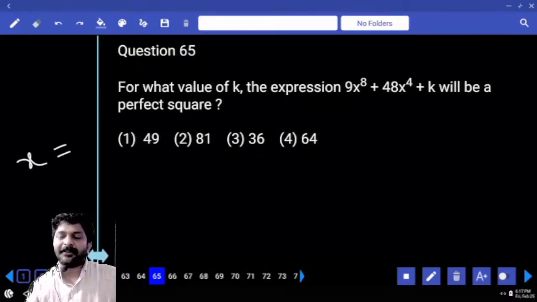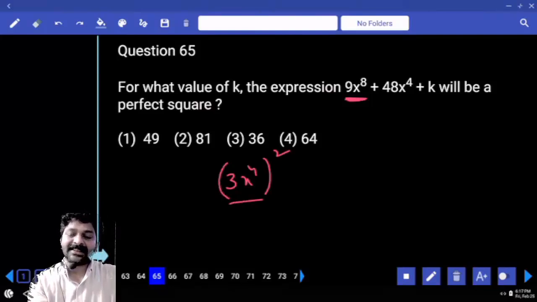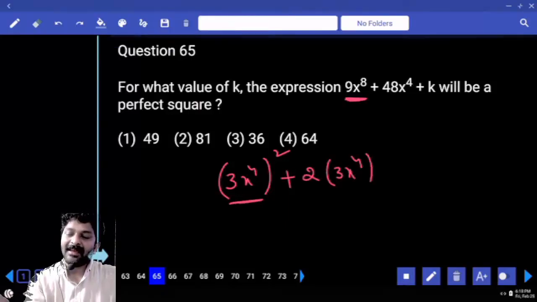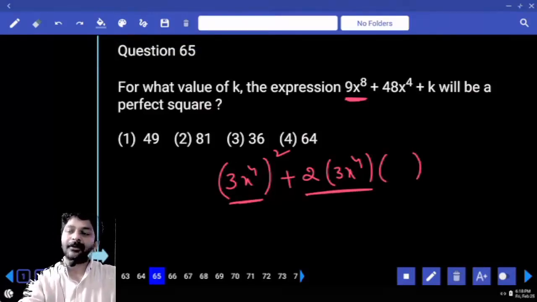Right, for what value of x will the expression be a perfect square? If it has to be a perfect square, come on, try to write this as a number of square. 3x power 4 whole square, correct? I'll treat this number as a square plus 2ab, I should write, correct? So far how much we got? 6x power 4.